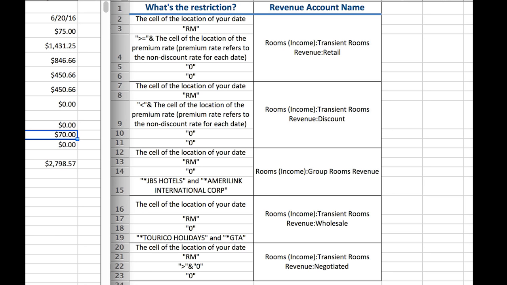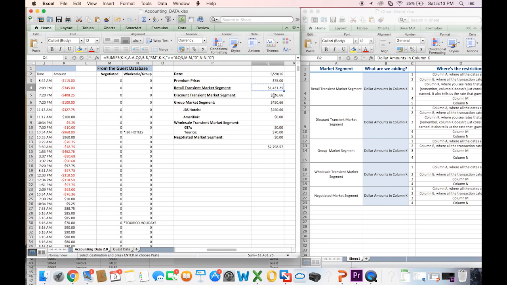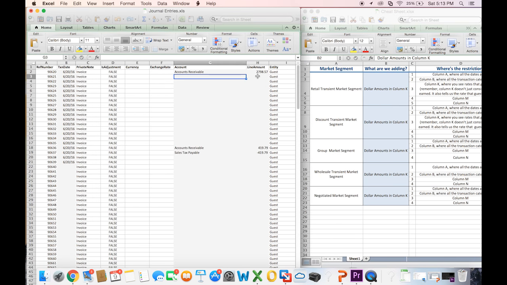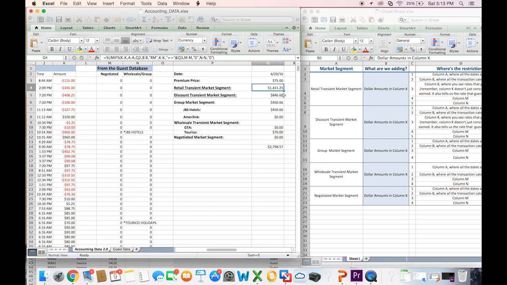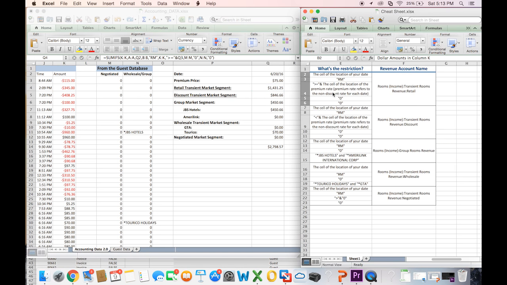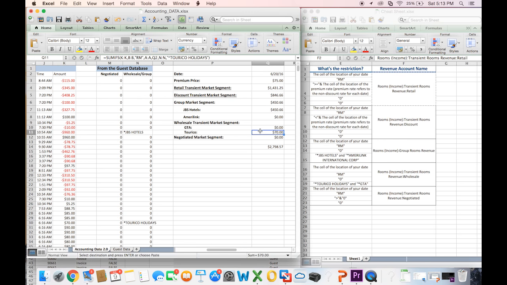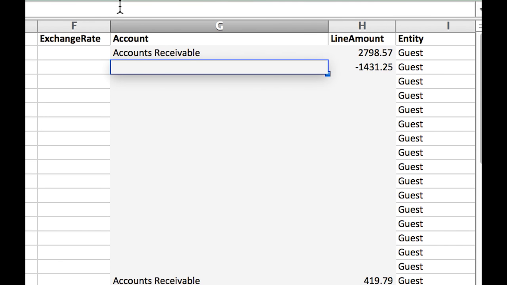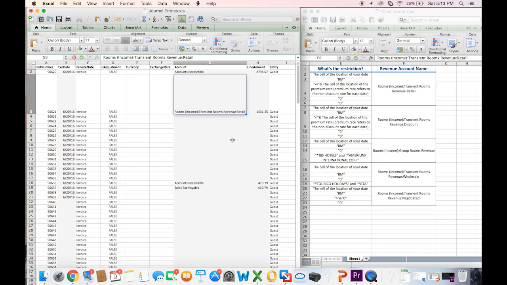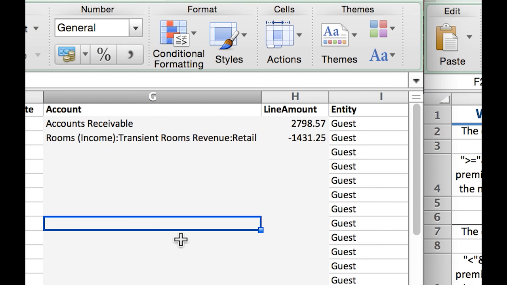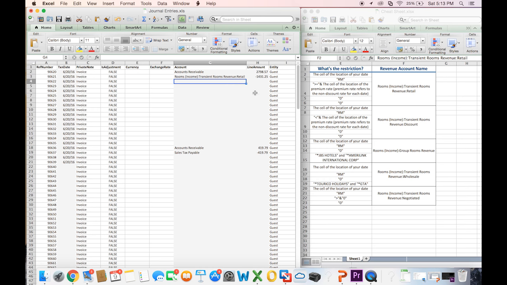We want to copy over the revenue accounts by segment into column G. We start with the retail market segment and copy over the revenue earned for that segment. Don't forget that because we are crediting this account, it has to be negative. So there's a negative $1,431.25. I'm just going to do each one here. Now we're doing the discount.